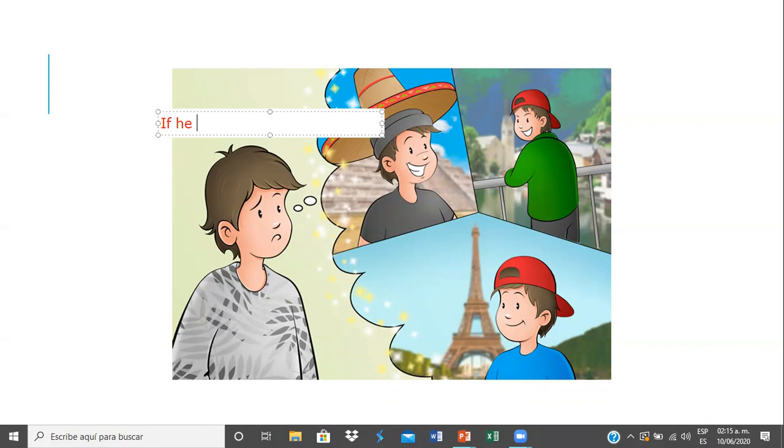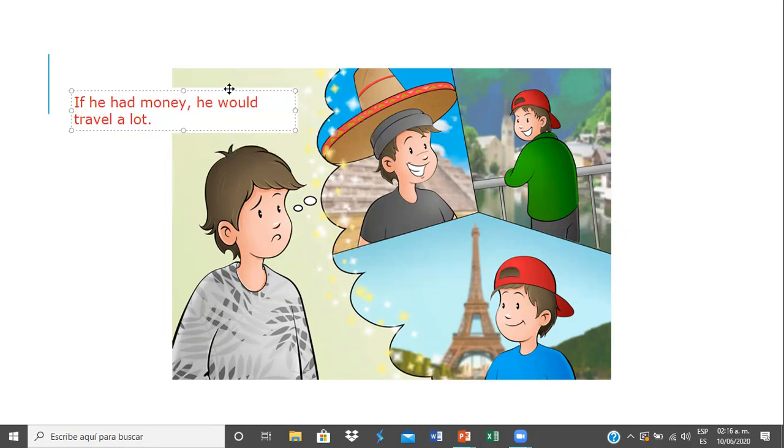Which verb do you think fits in this type of scenario? If he had money, comma, he would, and based on these pictures, he would travel a lot. That's example number one.